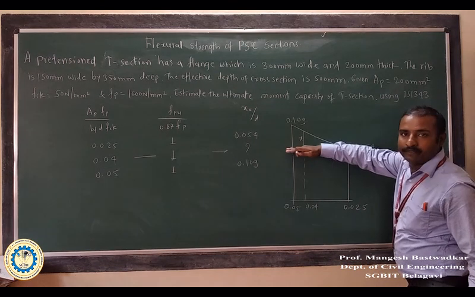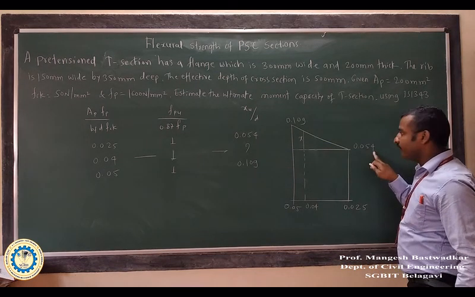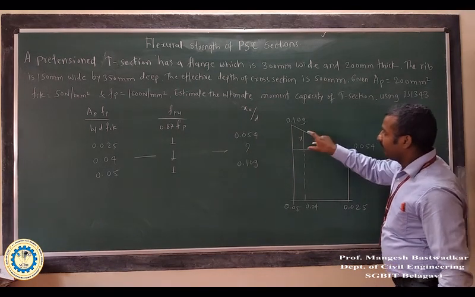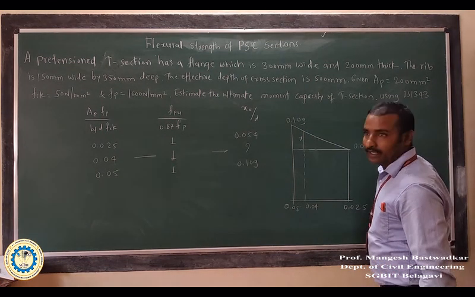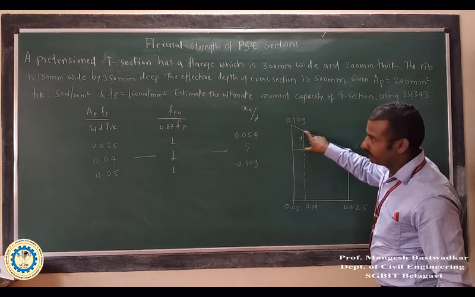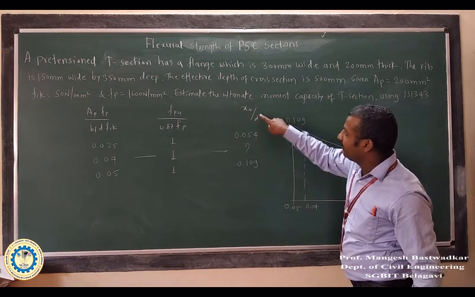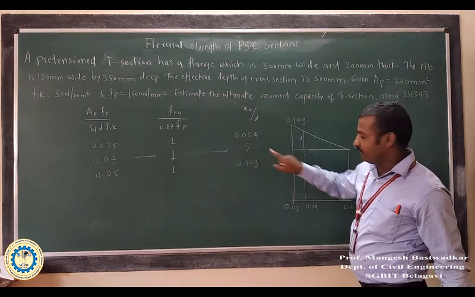Up to this we know the height, it is 0.054. Now from the properties of similar triangles we can calculate this height so that we can obtain the XU by D value for 0.04.